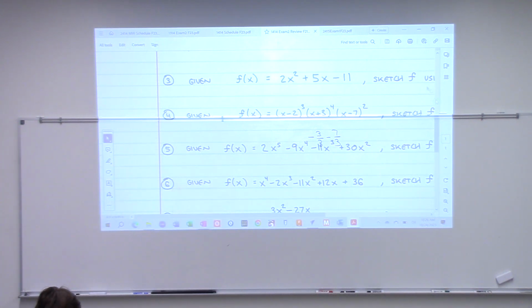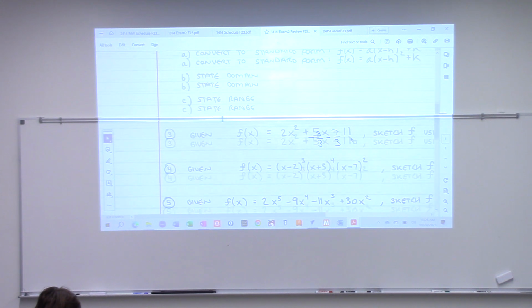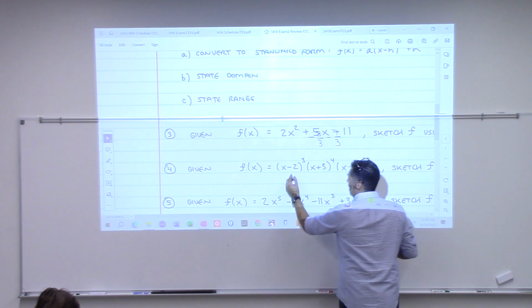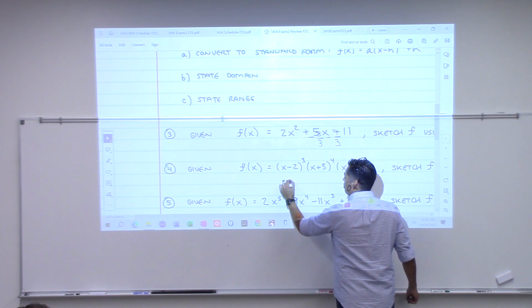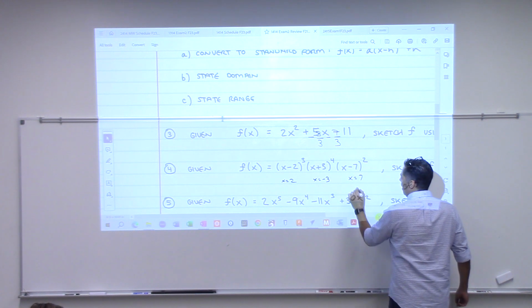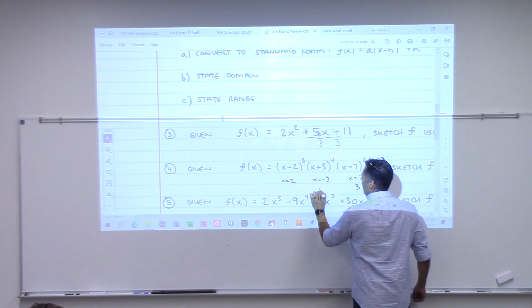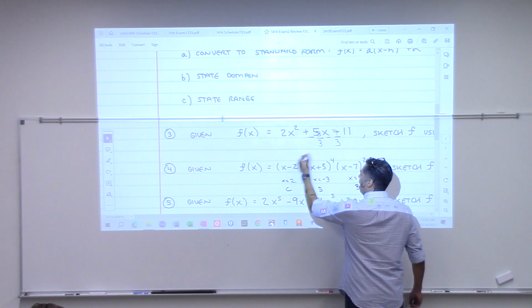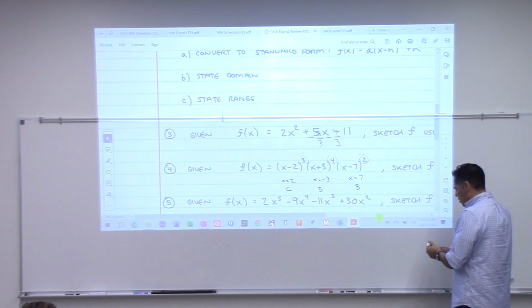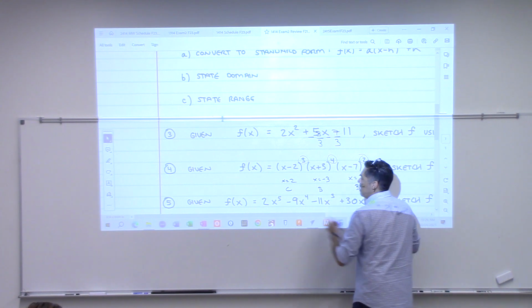I'm talking about this problem here, right? If I set these equal to 0, I get 2, -3, and 7. I know I'm going to bounce here, and cross there, because of these powers. But I still need to figure out the end behavior. So on the first one, I take the x term.